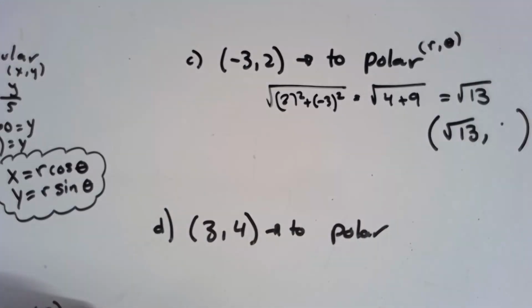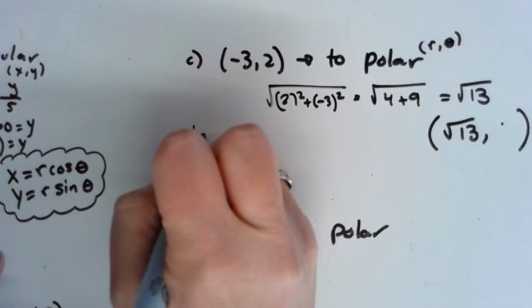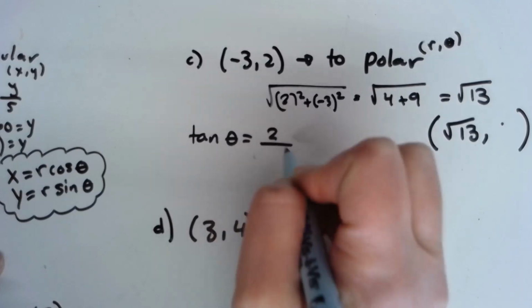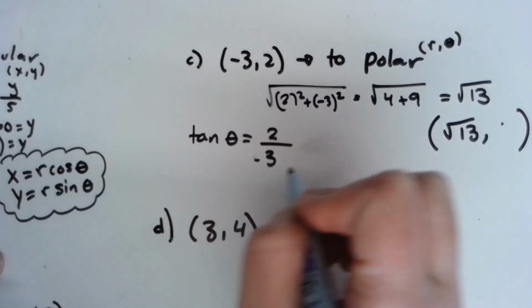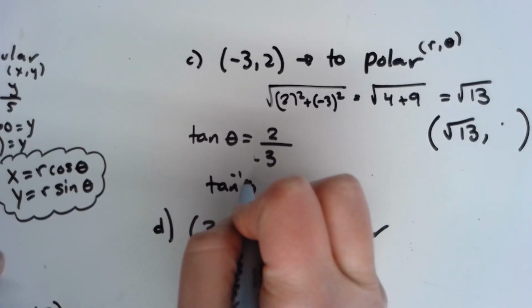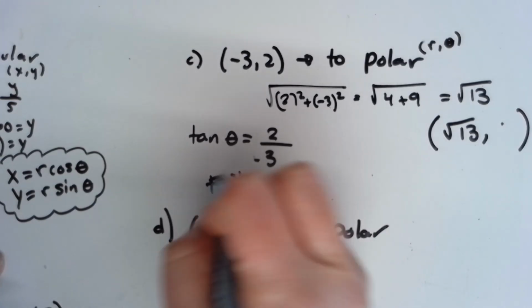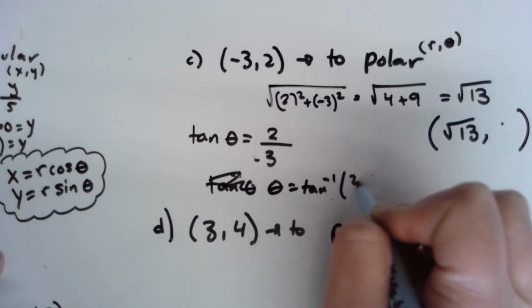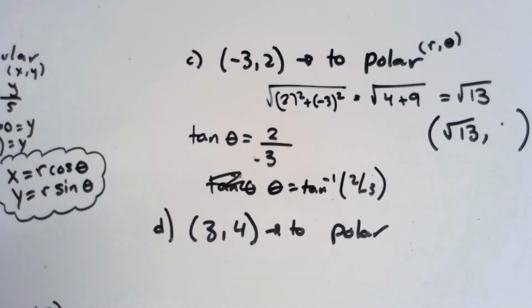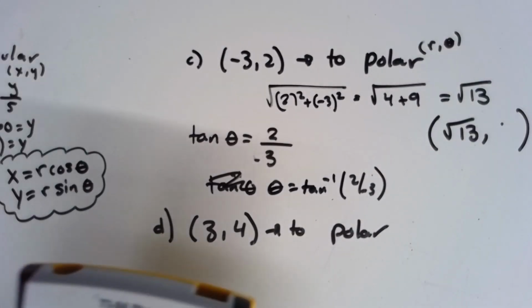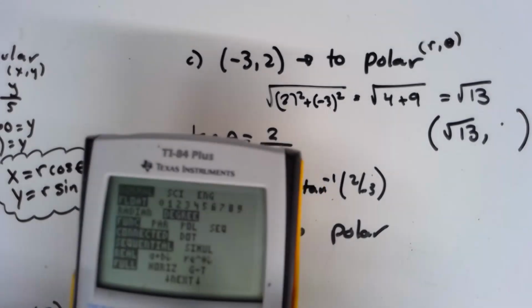So, move that off to the side. I know tangent theta equals opposite, so 2, over adjacent, negative 3. So theta equals tangent inverse of 2 over negative 3. I'm going to make sure that I do mine in degrees, so I'm going to go to my mode and set it to degrees.